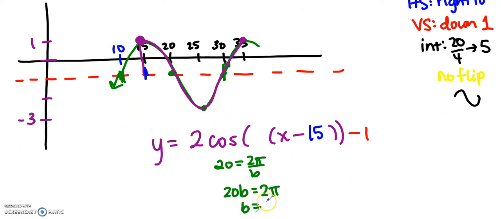B then equals 2 pi over 20, which is really pi over 10. And I could write this same exact wave as a cosine graph instead of a sine graph. Okay, so just a reminder that we do have that skill.